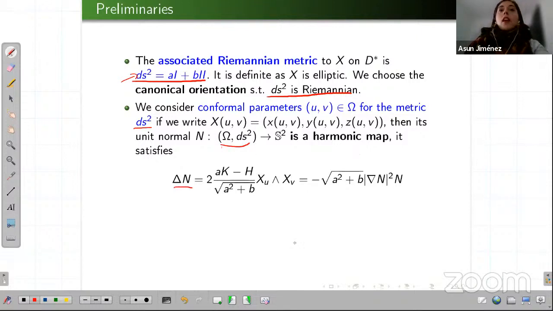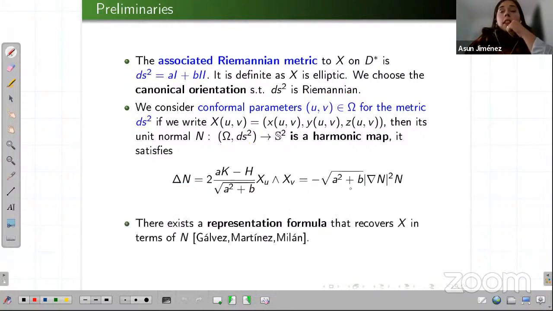The Laplacian of the Gauss map satisfies this equation here, which means that it is a harmonic map. And an important fact is that Gálvez, Martínez, and Milán proved that there is a representation formula of your immersion in terms of this Gauss map. So you can recover your elliptic linear Weingarten surfaces in terms of harmonic maps into the sphere.